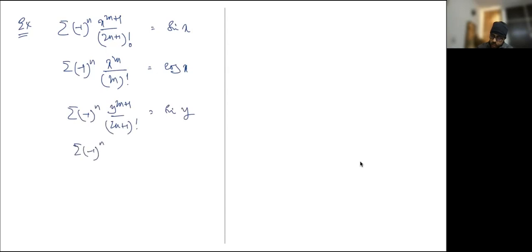Think of the left-hand side as a series. Forget about the notion of power series, now that we know they're absolutely convergent. So on the left-hand side, you have a series. The right-hand side is just notation for its sum. That's all.